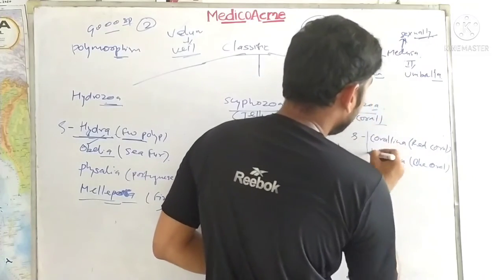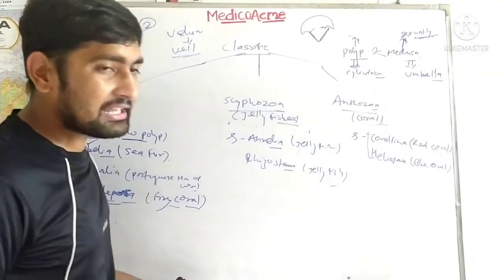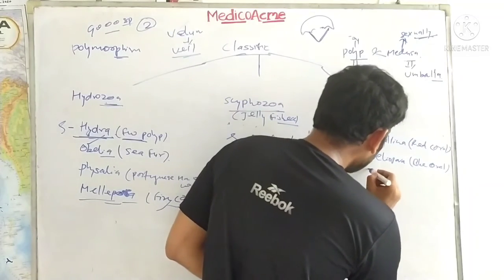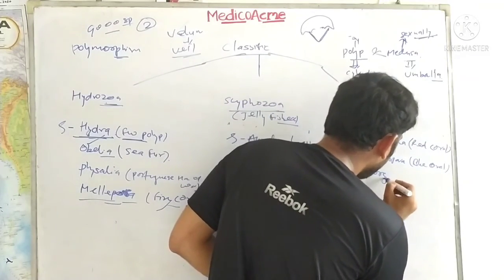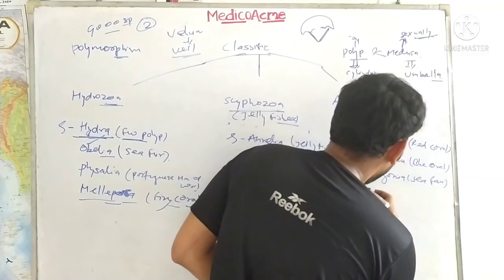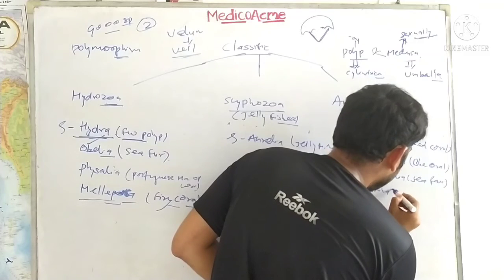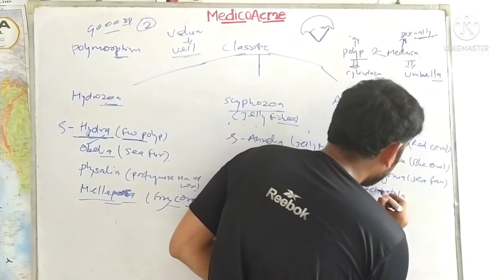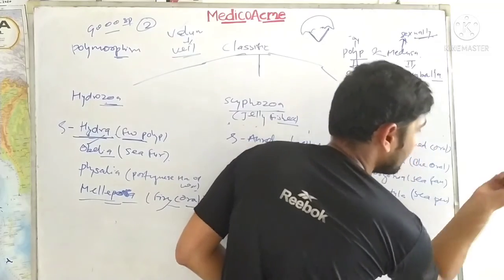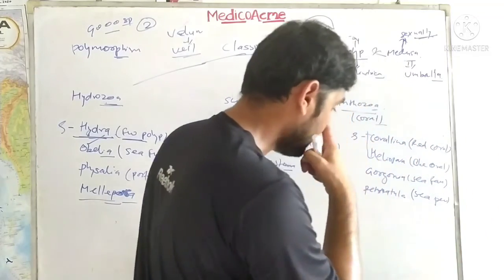So guys, these are very important because they form the coral reefs in the seas. The third important here is Gorgonia. All of you know that Gorgonia is the sea fan. Pennatula, P-E-N-N-A-T-U-L-A. Pennatula, sea pen. This pen. This I am writing.